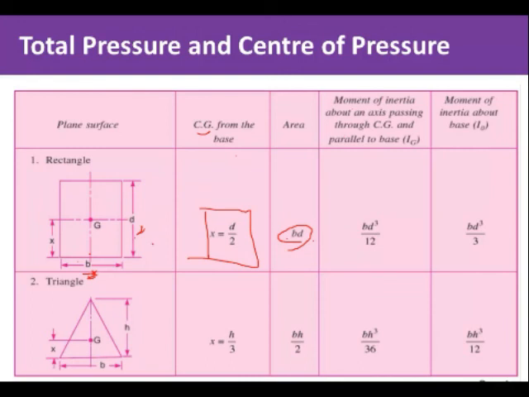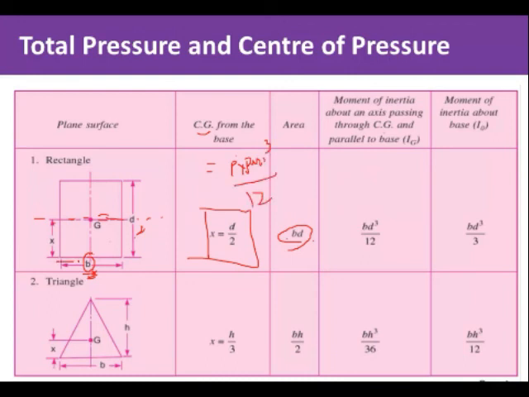After that, moment of inertia about the center of gravity. If the axis is passing in this direction, parallel to b, then remember the formula is parallel into perpendicular cube divided by 12.